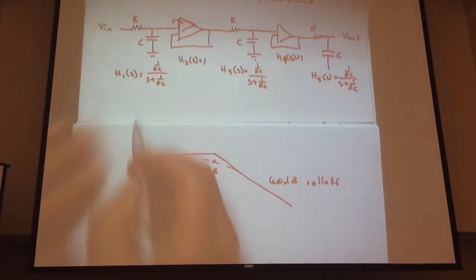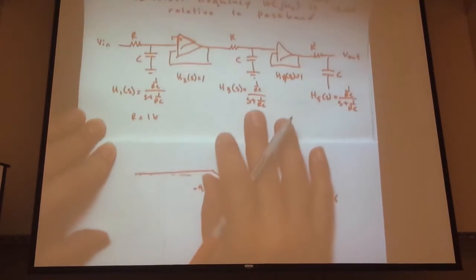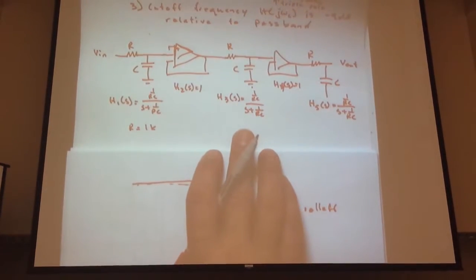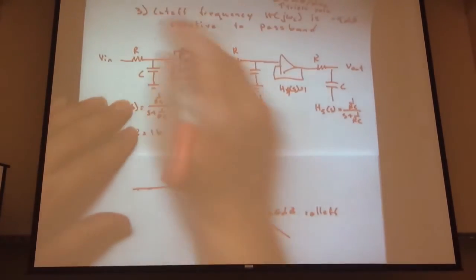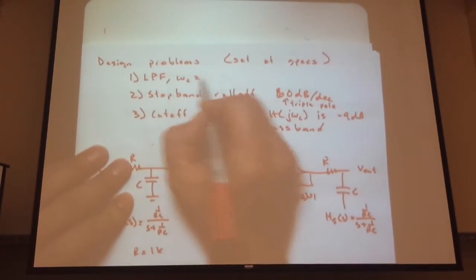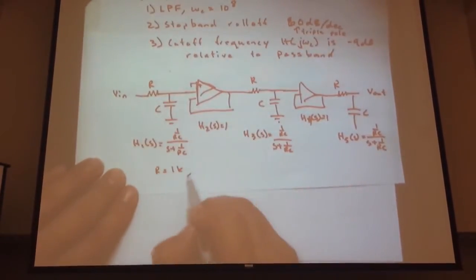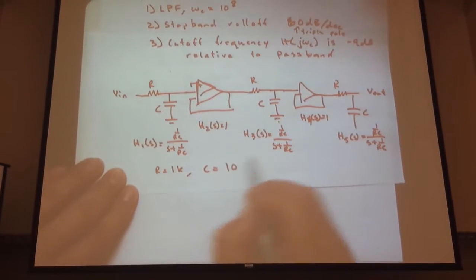Then we can pick here, R equals 1K. And where was our cutoff frequency? Left off that little bit of information. 10 to the 8. If R is 1K, C is 10 to the minus 11.